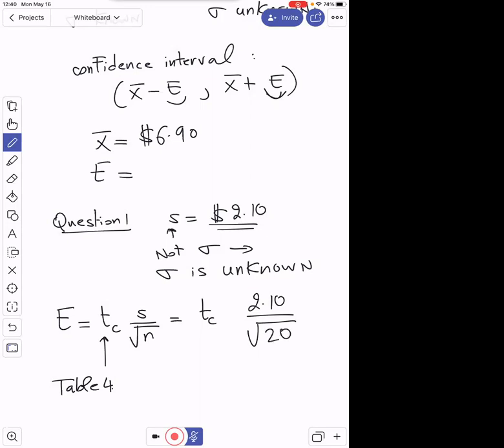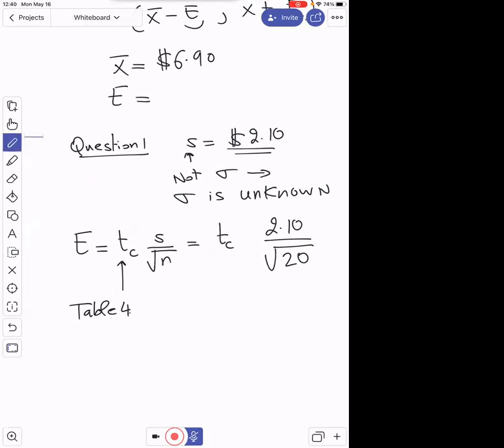Now, we need to find this T subscript C, and we said that's from table 4, because sigma is unknown. So for table 4, we need the confidence level. It says 95%, or in other words, 0.95.